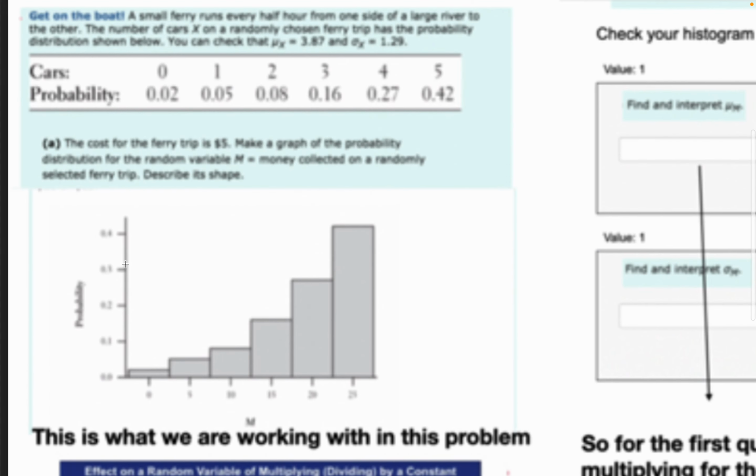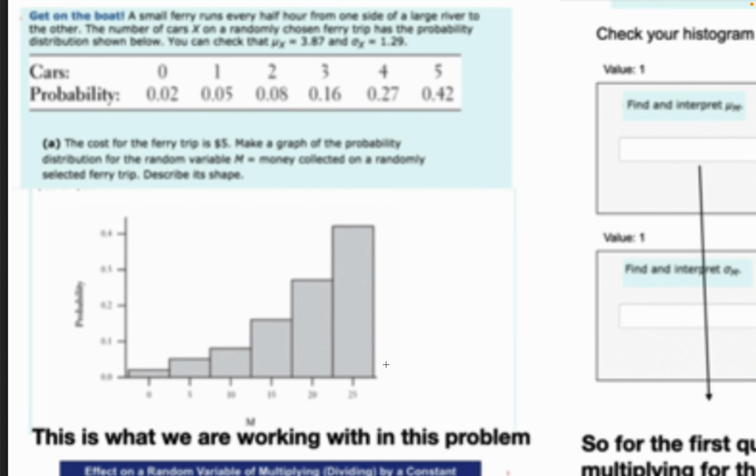You could imagine replacing these with 0, 5, 10, 15, 20, and 25, or we could just put 0, 1, 2, 3, 4, 5. This distribution looks exactly the same, but we're multiplying it by 5.